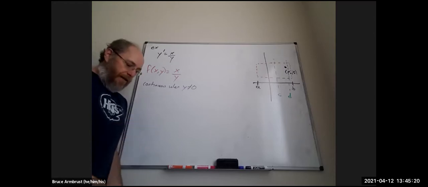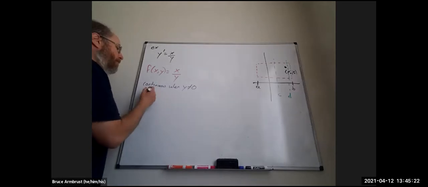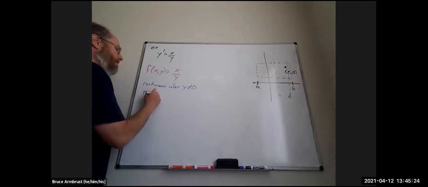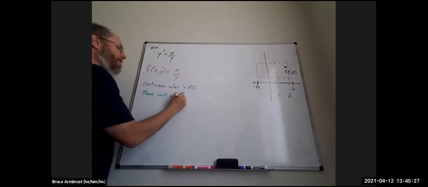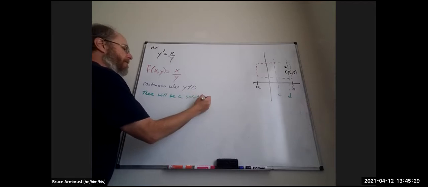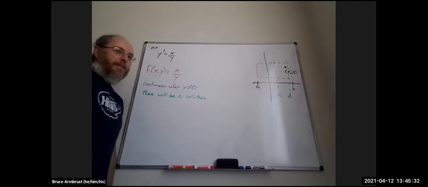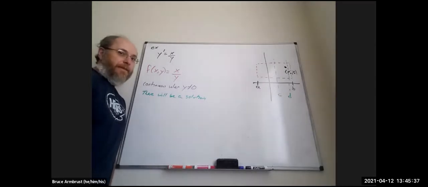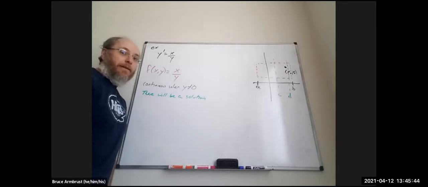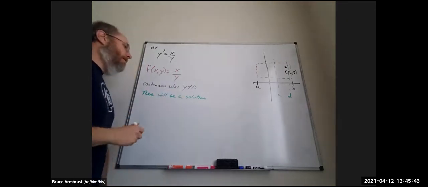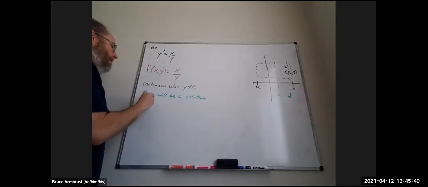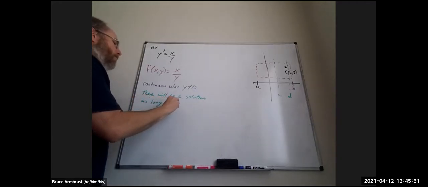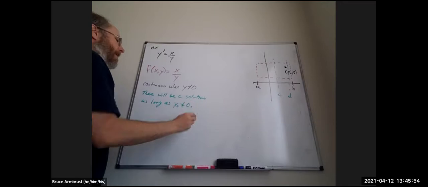So what this tells me is that there will be a solution. And when I say here a solution, that doesn't mean one, right? It just means there's going to be a solution. There might be more than one of them. There could be 2, there could be 3, there could be a million. But I know there's going to be a solution as long as y naught does not equal 0.